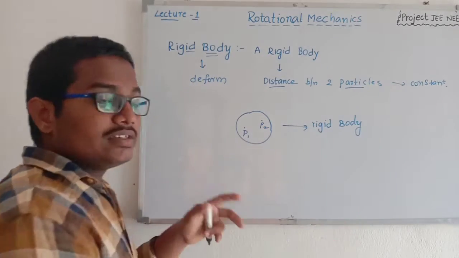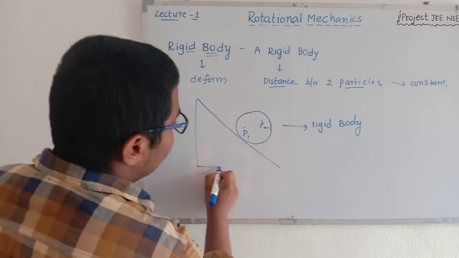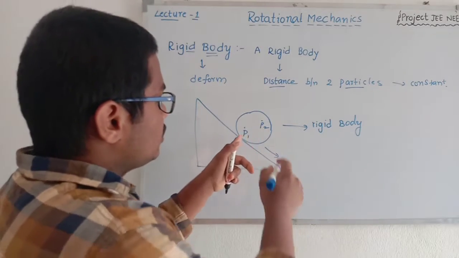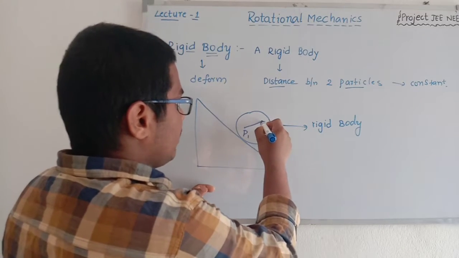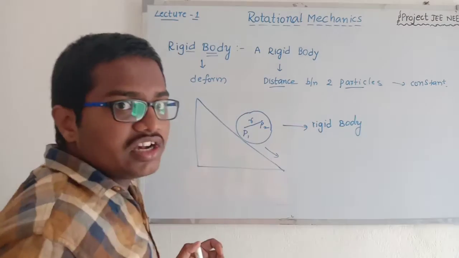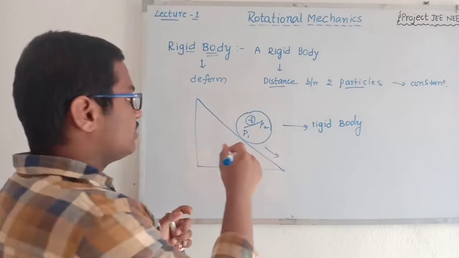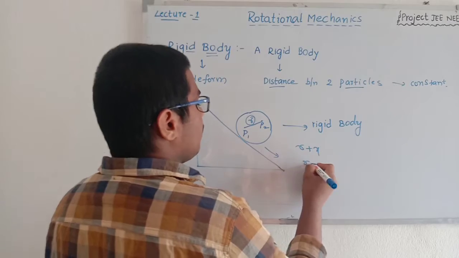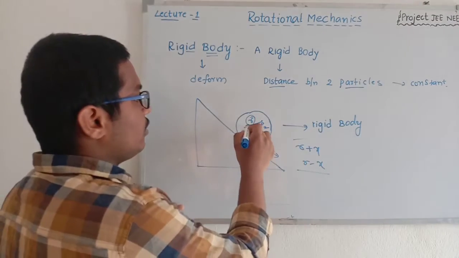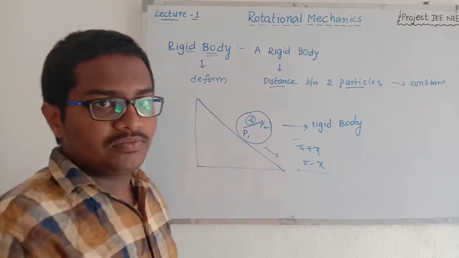In any situation, either falling from a wedge or moving in this direction, if the distance is r, then at any instant this r must be maintained as r only. It can't change to r plus x or r minus x. The distance cannot change for the two particles on a rigid body.